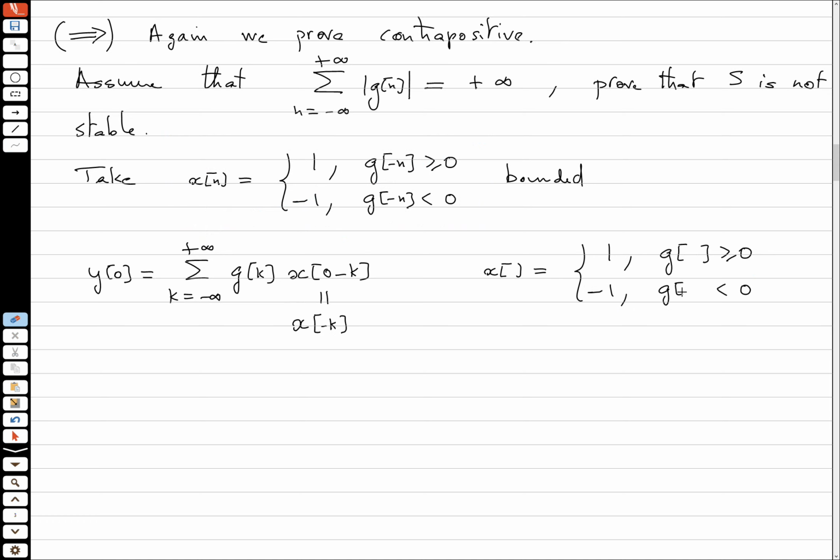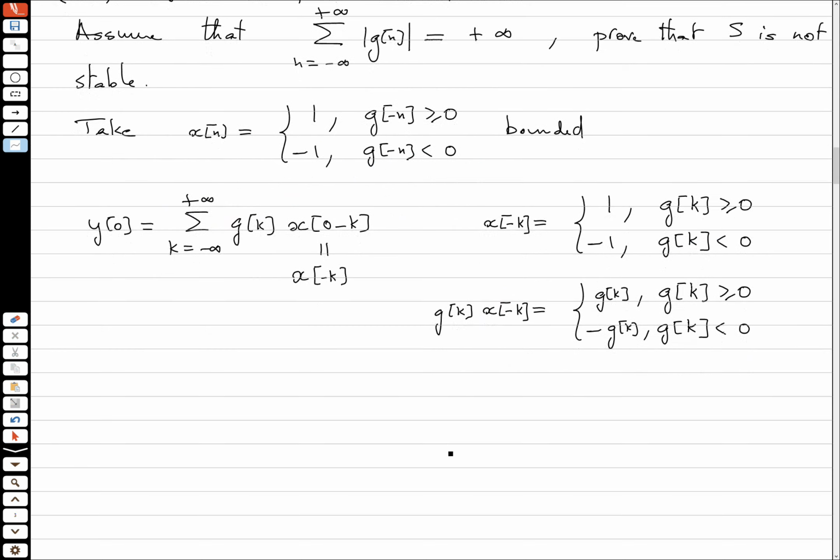What do you find? So x of minus k is, do you agree? Now, I'm not interested in x of minus k alone, but x of minus k times g of k. All right, so what do you get? You get g of k here, and minus g of k in this case.